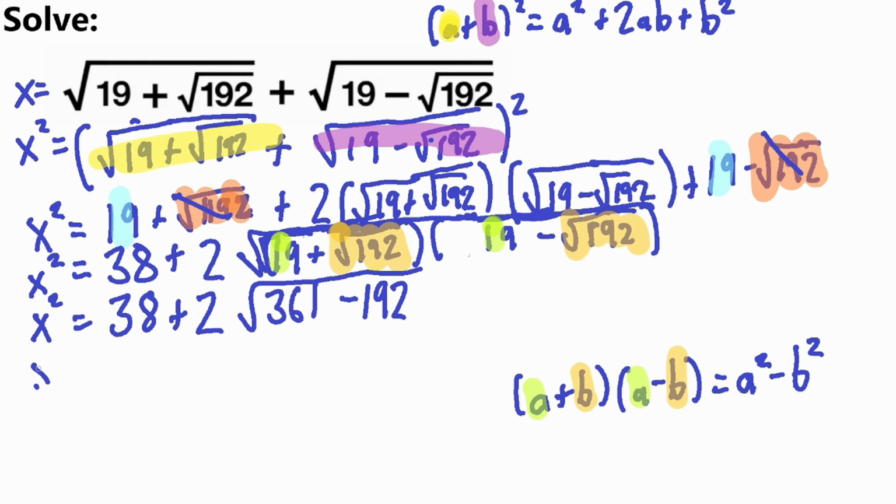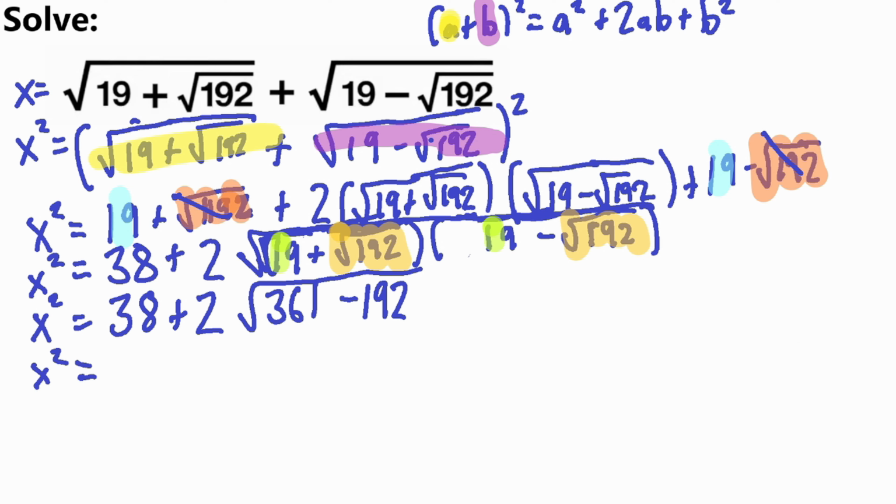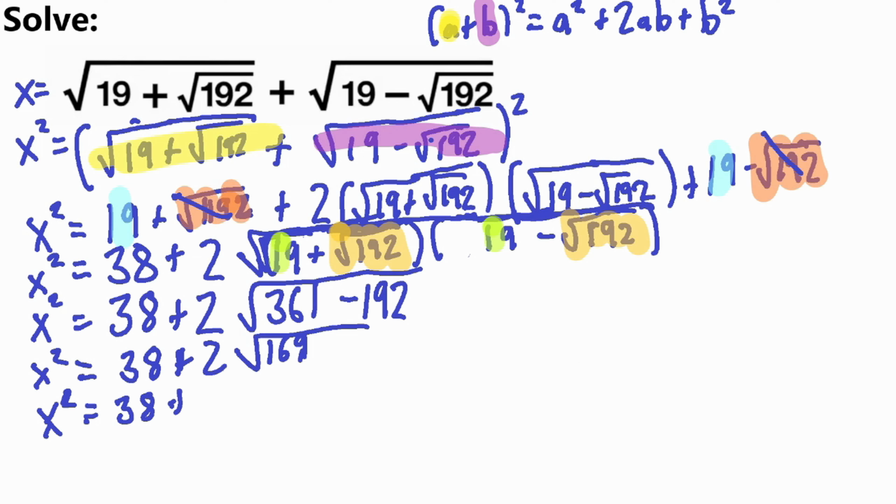And now let's simplify more. X squared is equal to 38 plus 2 times 361 minus 192 is 169. X squared is equal to 38 plus 2 times square root of 169. 169 is a perfect square, and the square root of 169 is 13.